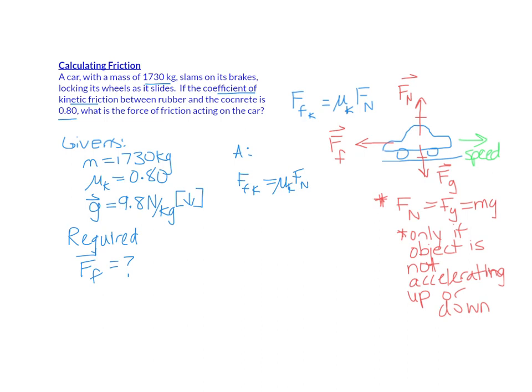So I'm going to use this relationship over here: because the normal force and force of gravity are balanced, the normal force will be equal to the mass times the gravitational field strength. And I have both of those pieces of information right here, so I can easily find that.